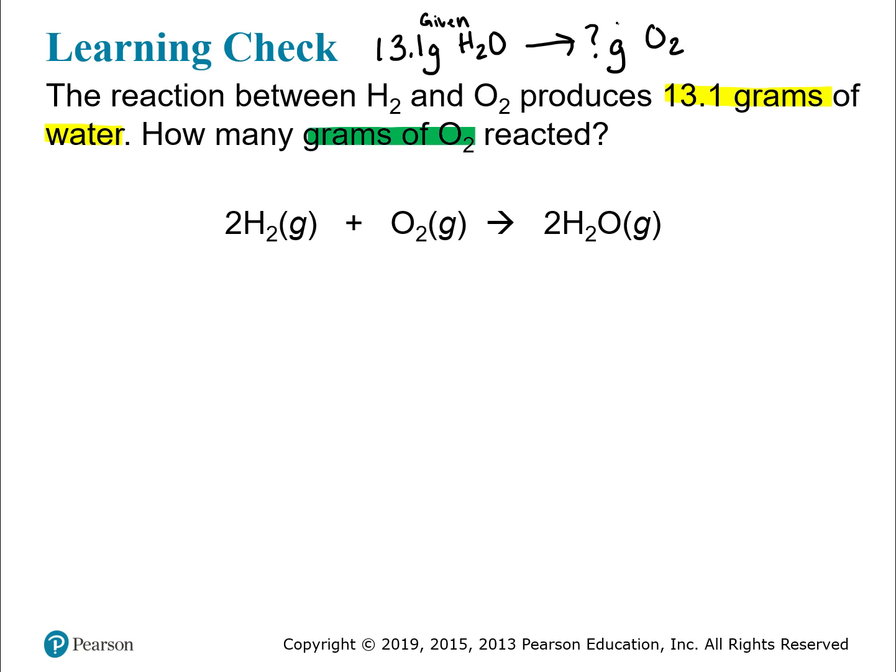There's our given. That's what we need, the oxygen gas. With these problems, you always need the molar mass.